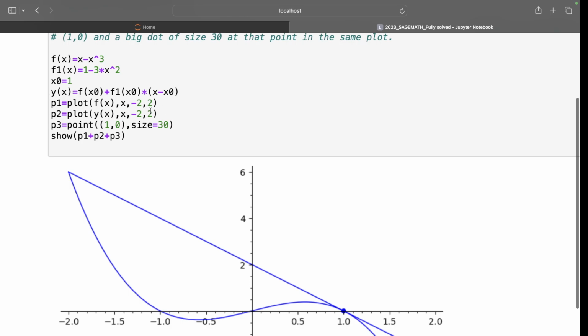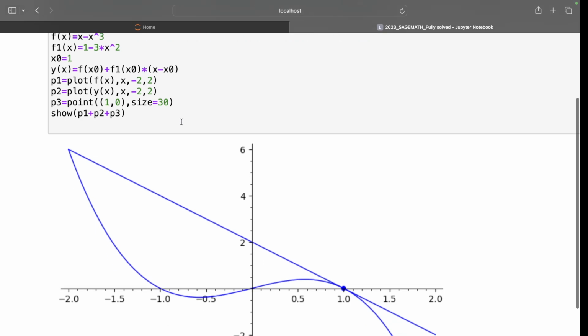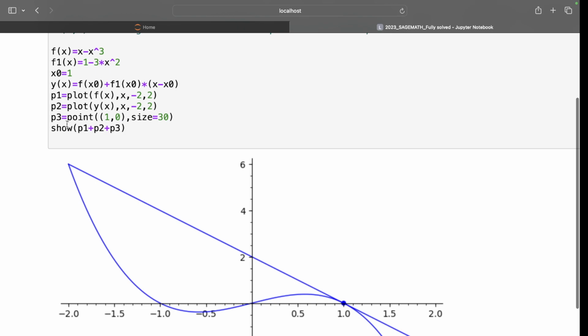So x minus x0 by y minus y0, f(x0) by f'(x0), the derivative at this point. And P3 is the point (1, 0) with size 30. So this is the point. And so we take P1 plus P2 plus P3.